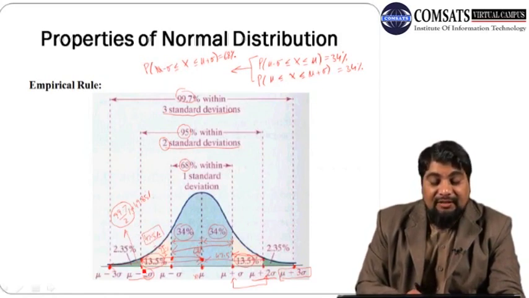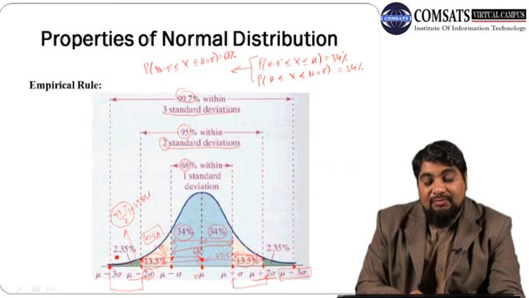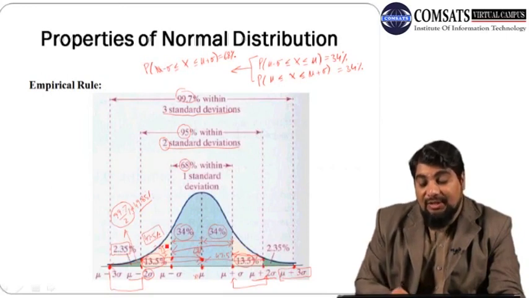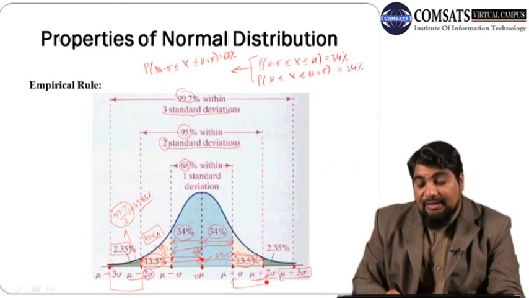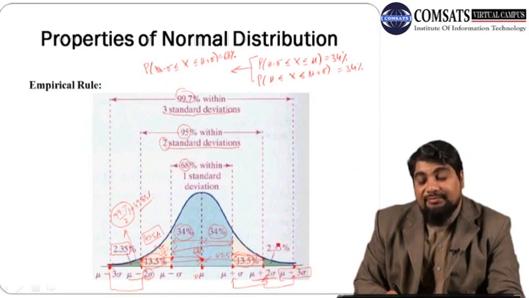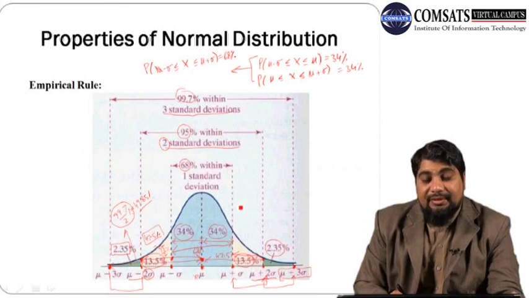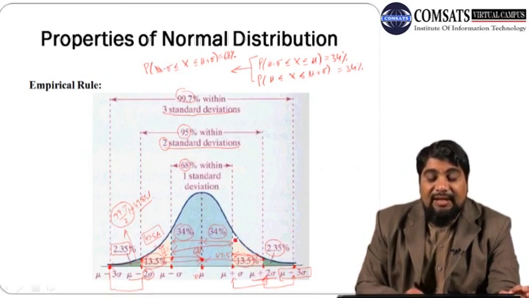So the remaining area, beyond mu plus 2 sigma, is 2.35%, the difference between 49.85 and 47.50. Similarly, the area between mu plus 2 times sigma and mu plus 3 times sigma is 2.35%.